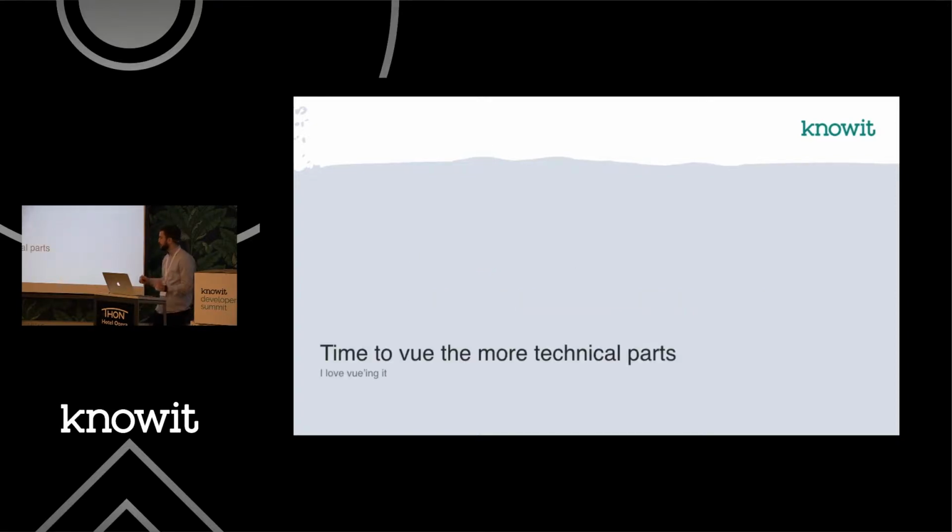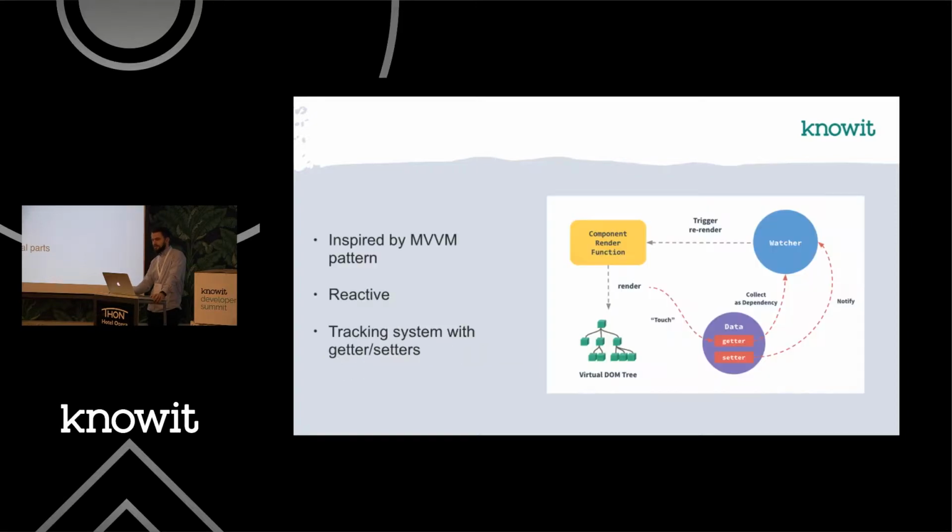Let's view some more technical parts. It's inspired by the Model-View-ViewModel pattern, but not strictly associated with it. It's reactive because the models are just plain JavaScript objects, and when you modify them, the view updates. State management is made simple and intuitive because of this.